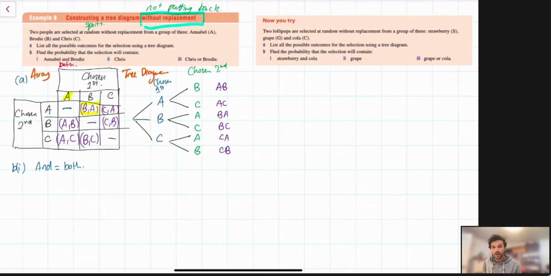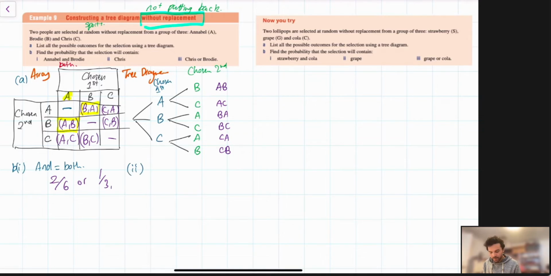Here we go, here's one, Annabelle and Brody. Annabelle and Brody. There's no other situations that have them both, so we can say that it's 2 out of how many possible outcomes? 1, 2, 3, 4, 5, 6. We can also say there's a 1/3 chance of that happening. Okay, just simplifying.